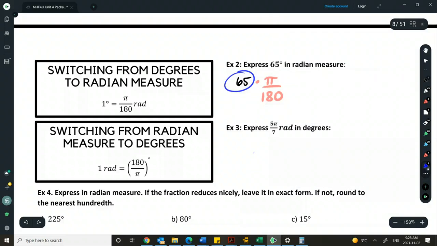To leave an exact format, we're going to see what's the greatest thing that we can divide into both 65 and 180, and we're going to reduce. Usually in radian form, we want to reduce as much as possible without expressing it as a decimal. So let's grab our calculators here, and what is the greatest thing that I can divide into both 65 and 180? If you want to reduce a couple times, you can always reduce a couple times.